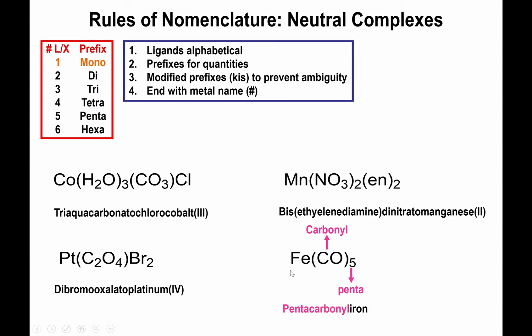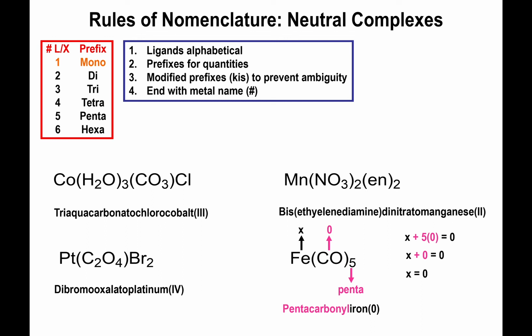And as far as the charge goes, the charge of carbonyl is 0. And since that's the only ligand present, that means that the charge of the metal also has to be 0. And so here, since we don't really have a Roman numeral for 0, at least none that I'm aware of, you would actually write 0 in parentheses after the name of the metal.